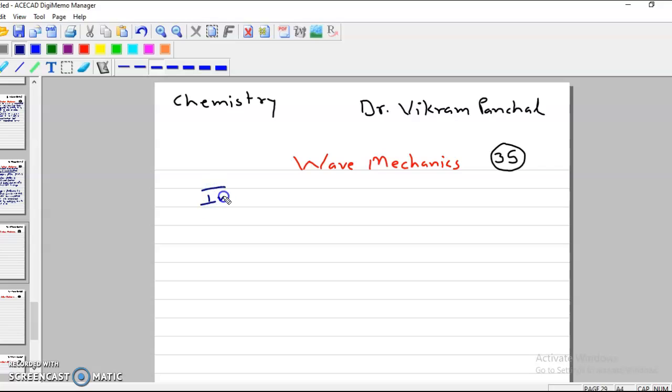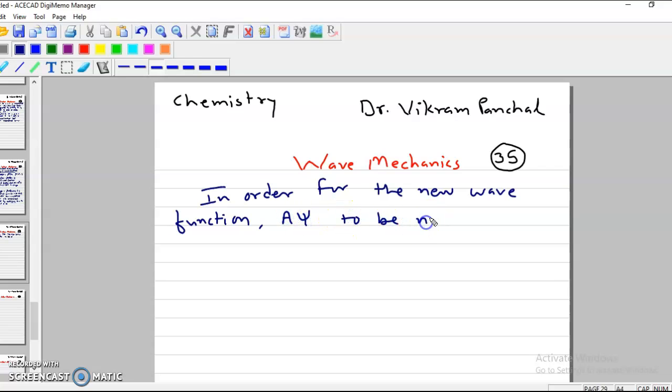So in order for the new wave function a psi to be normalized, it must meet the following requirements.